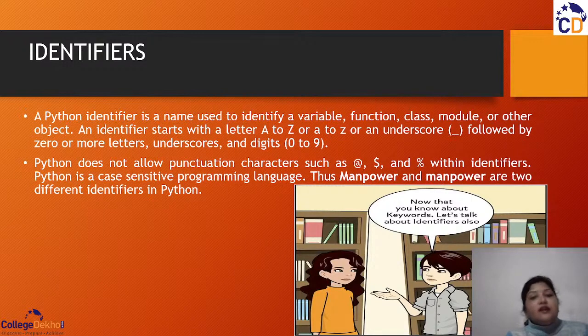And because Python is case sensitive, the lowercase a and the uppercase A are treated as different identifiers. They both are not the same. So it is very important: two names like manpower and Manpower look the same, but they have different memory locations.